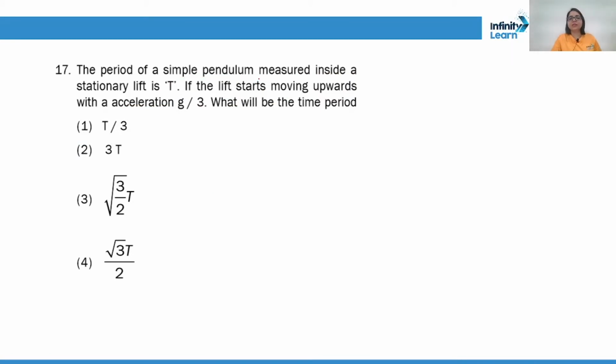The period of a simple pendulum measured inside a stationary lift is T. If the lift starts moving upwards with an acceleration g by 3, then what will be the time period? So the time period of a simple pendulum is given as 2 pi under root L upon g effective, right?